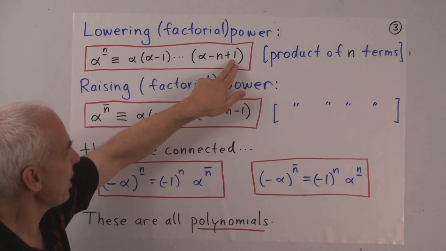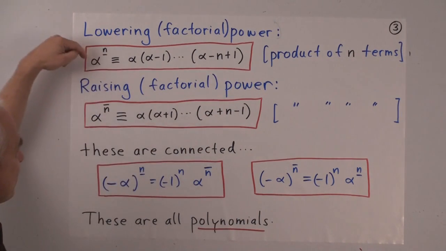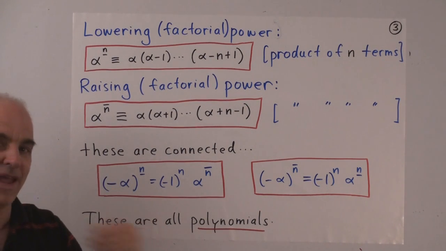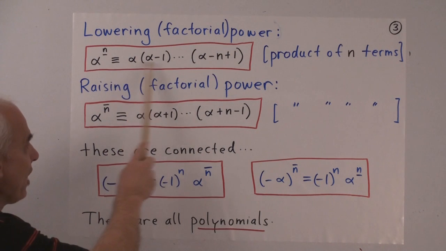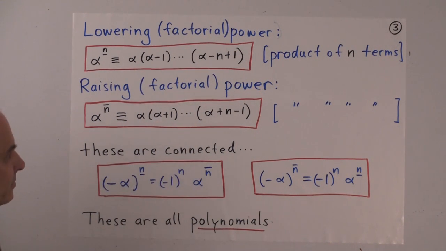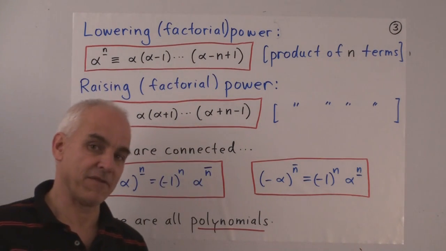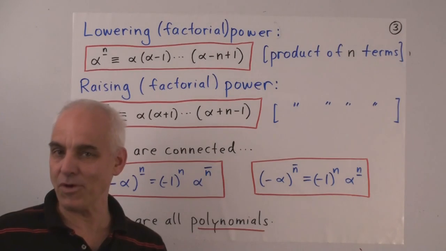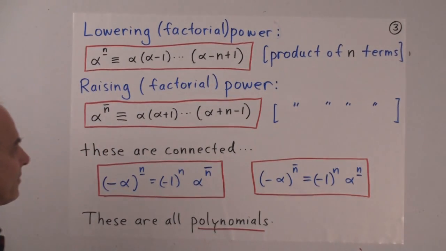If there wasn't this 1 here, then there would be n plus 1 terms. But we really want n terms because we want it to be like a power, n things multiplied together. It's just that they're not all alphas. They're alpha times alpha minus 1 times alpha minus 2, and so on. So it's much like a factorial. Like 5 factorial is 5 times 4 times 3 times 2 times 1. It's very much like that.